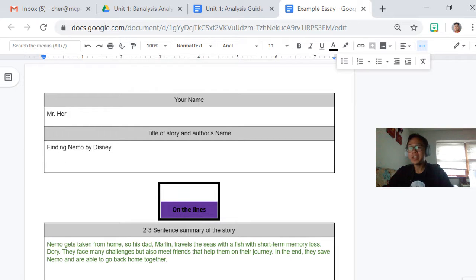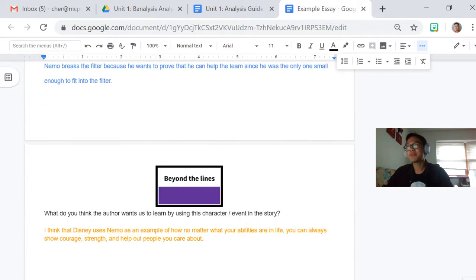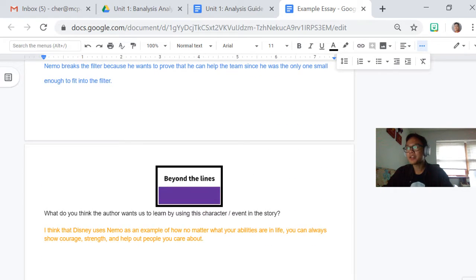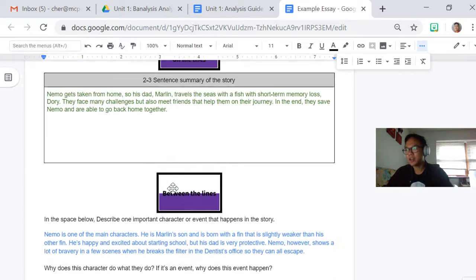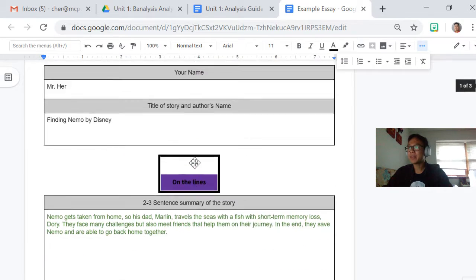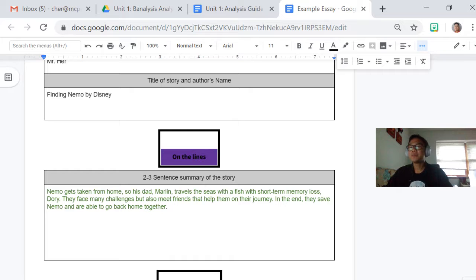So all of the hard thinking should be done by the time you get to the writing process. And as you're going to see, a lot of what I wrote up here in my worksheet, that includes the on the lines, between the lines, and beyond the lines, I can actually use as a copy and paste into my paragraph. And that's the reason why doing your pre-writing is so important.